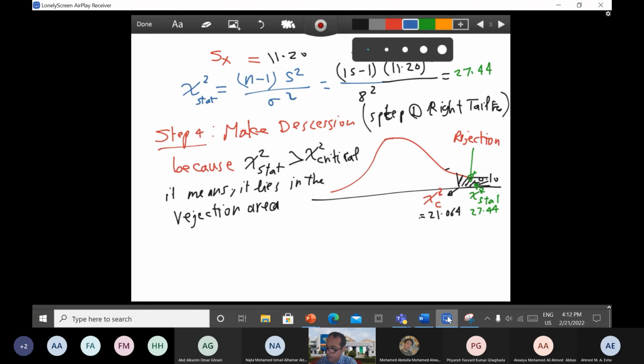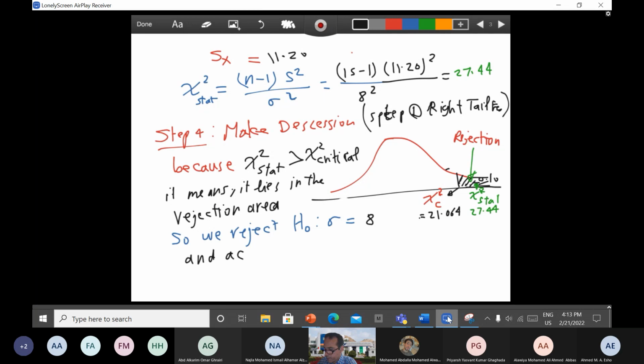So what? So we reject. This is our decision now. We reject H naught. What's H naught? H naught says sigma square equals 8 square, right? Or if you would like to write it only with sigma, there is no need to square it. So we reject this one and accept the other one. If you reject H naught, you have to accept the alternative one. Sigma is greater than 8.